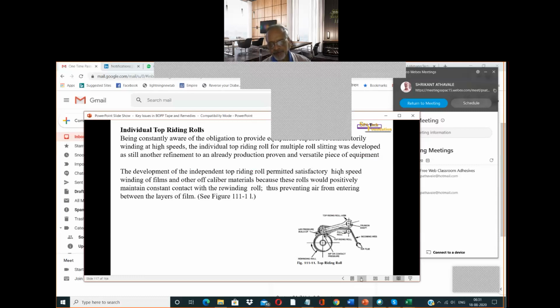This is how in this figure you can see what is meant by top riding rolls. We can install a top riding roll which will help in removing entrapped air totally.